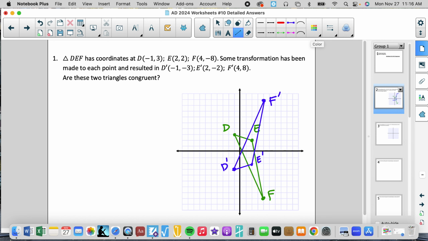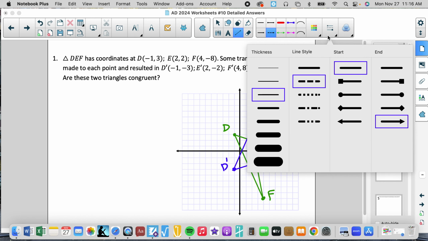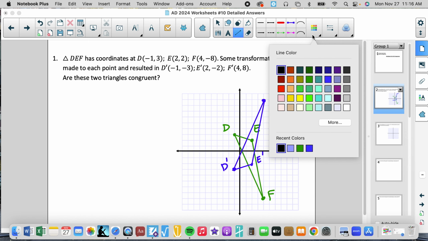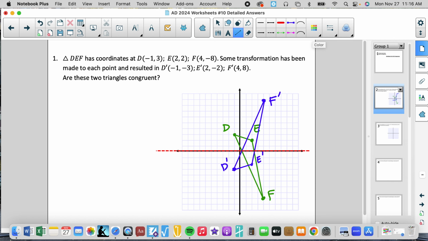Are these two triangles congruent? Yes, they are congruent, and some transformation has been made. It looks like it's been reflected over the x-axis, meaning we have a dotted line, a reflection over the x-axis.